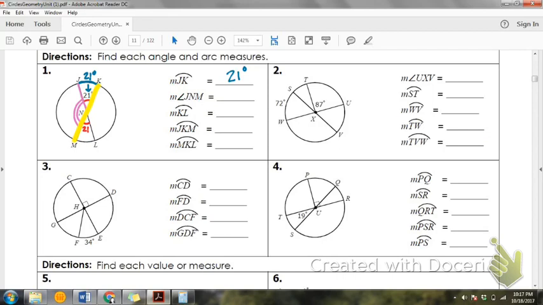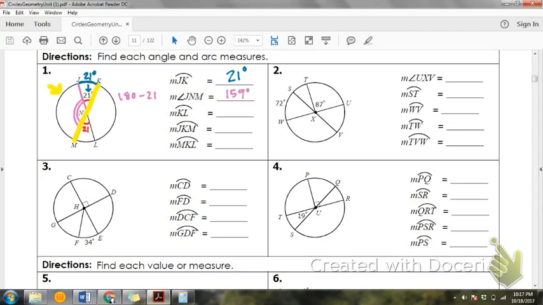So we know that we have used 180 degrees on this half of it. So if I've used up 21 degrees already, then to find measure of angle JNM, I can do 180 minus 21, which gives me 159. So that angle is 159 degrees.